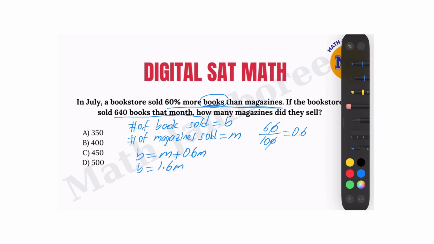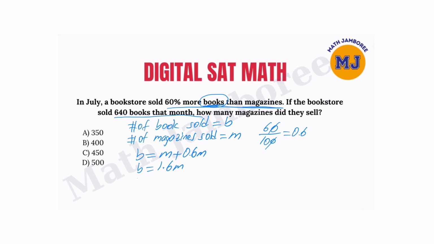I would like to continue the rest of the solution with a different color pen to show you. So 640 equals 1.6 M. We just set up the equation, and now we're substituting the values into it. To get M by itself, we will divide both sides by 1.6.